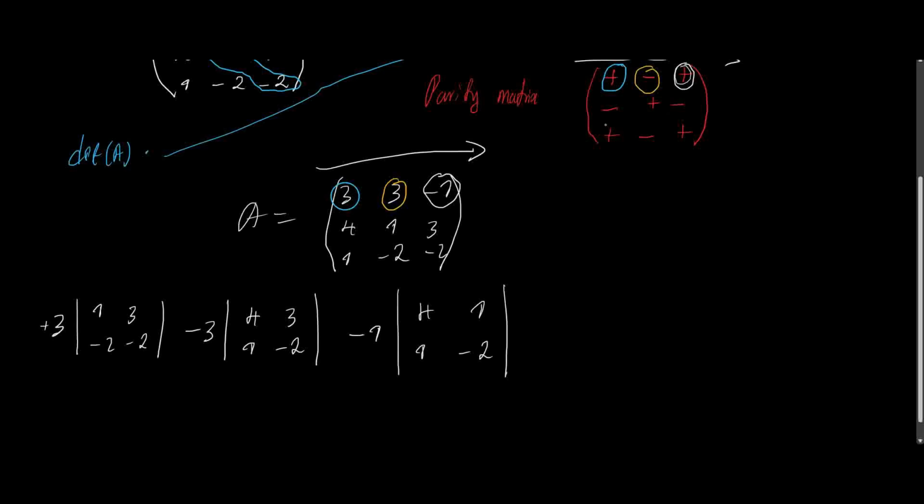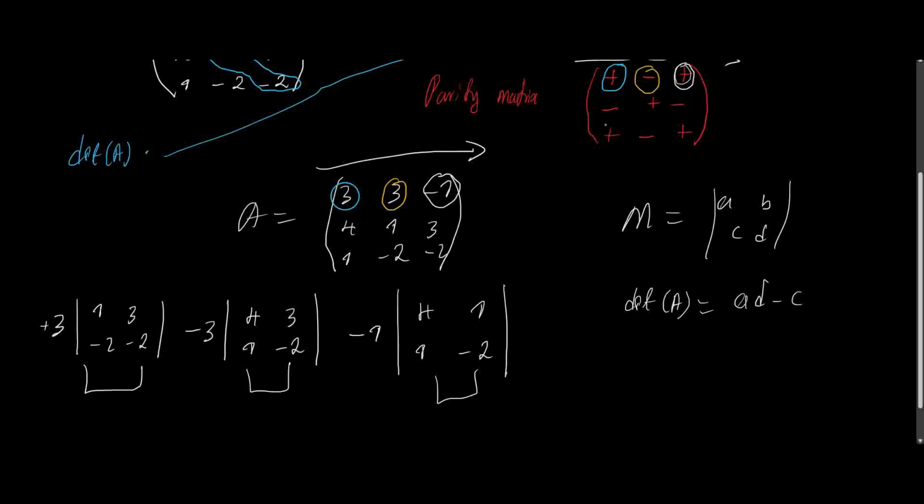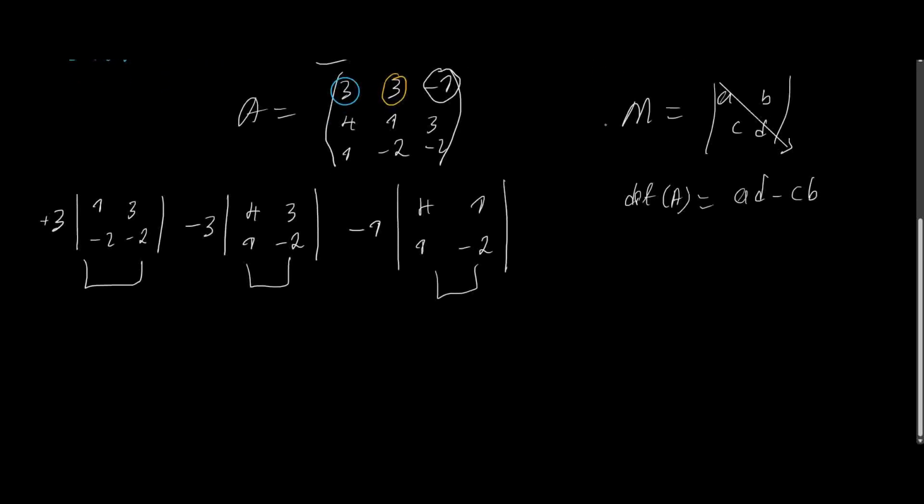So what we simply need to do is to calculate the determinant of a 2 by 2 matrix. We know that if we have a matrix M equal to A, B, C, D, then the determinant of M will simply be AD minus CB. So you take the product of the leading diagonal minus the product of the non-leading diagonal. That's what we're going to do for all of these matrices.